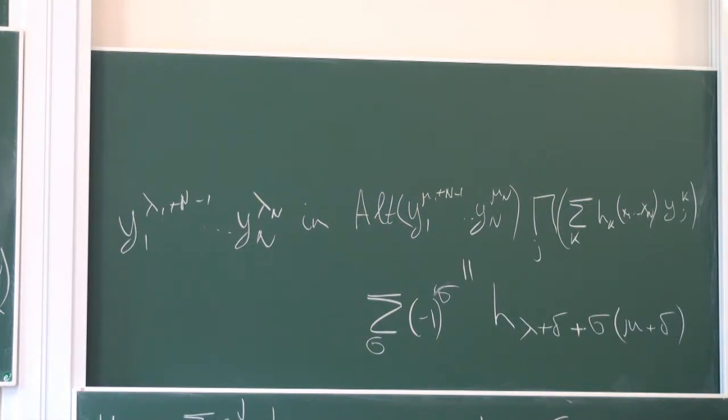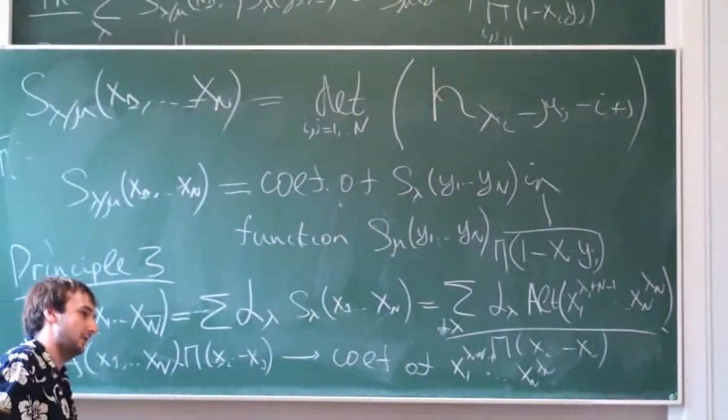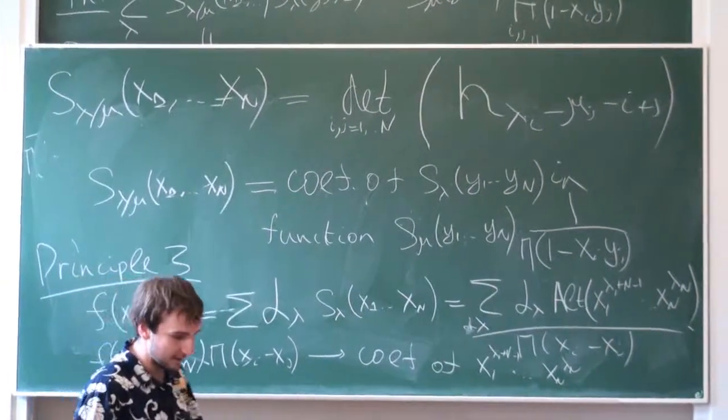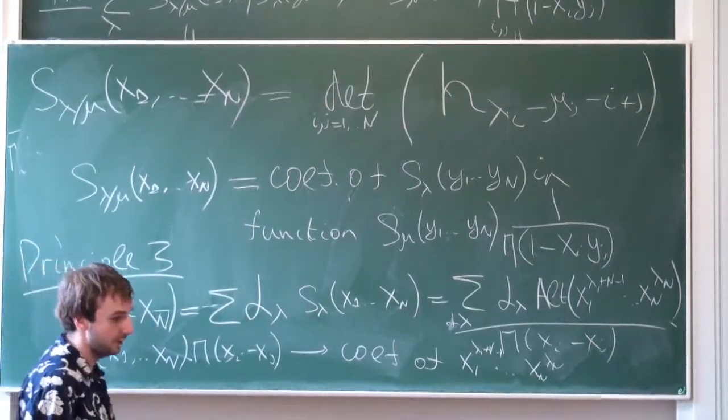You can see that in particular we can use it when mu is the empty Young diagram to compute the Schur polynomial, and in this case this formula is known as the Jacobi-Trudi identity.